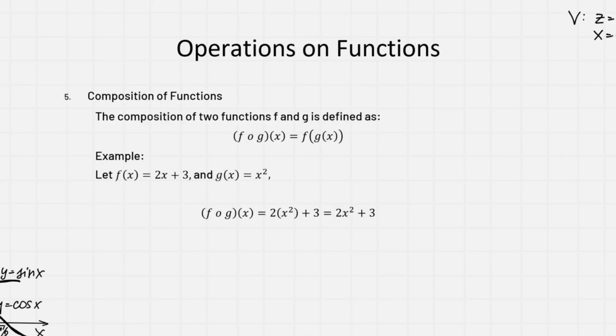Last, we have composition of functions. Given that we have two functions here, f and g, the composition of the two functions is defined as f of g of x. So you can write it like this. What happens here is that given g of x, you will substitute this function into your f of x.